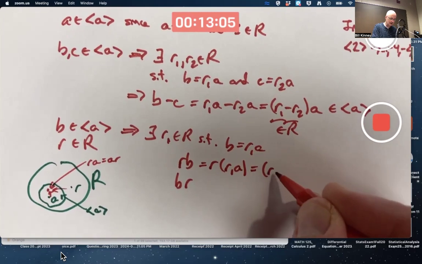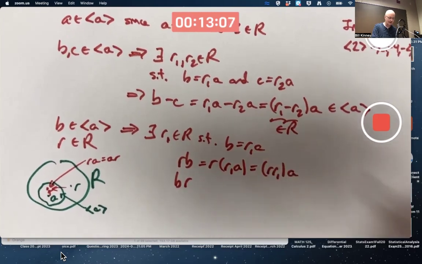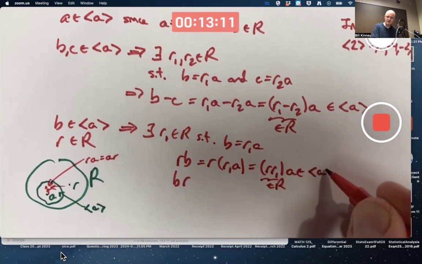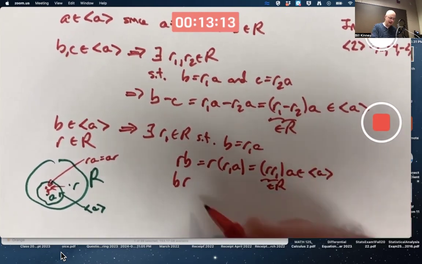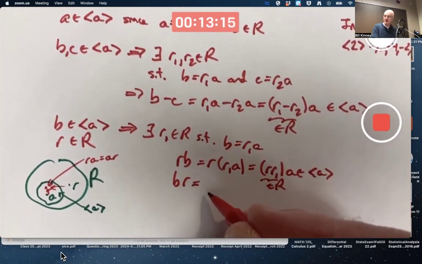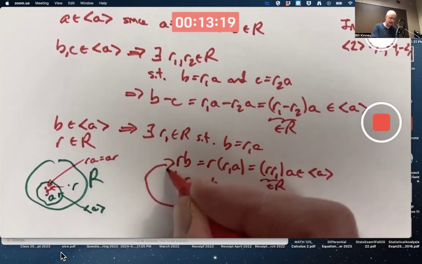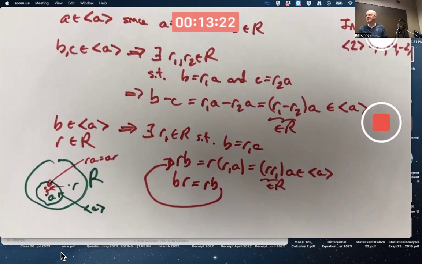Substitute, associative property. That's an element of R. This is therefore in the principal ideal. And B times R, well, I'm assuming the ring is commutative, is R times B, and so then we can just do the same steps.